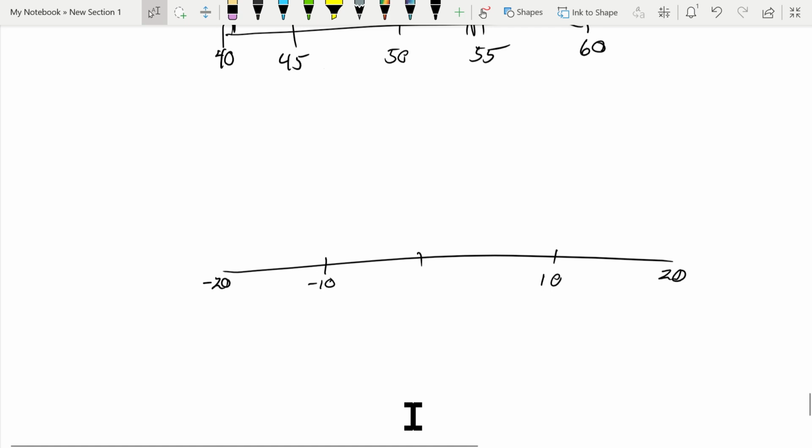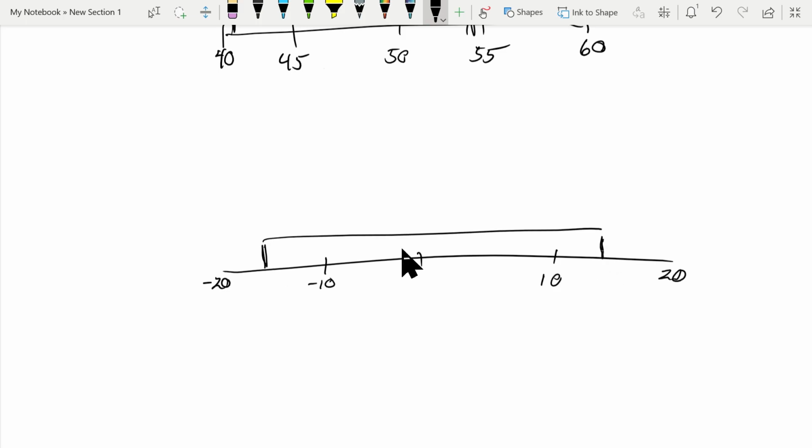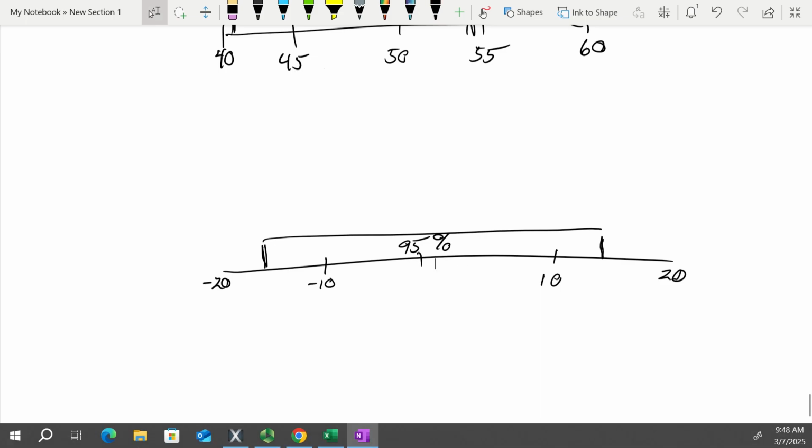First one is plus and minus 15%. Here's 15 down and 15 up. That's 95% bet. The percentages start to stack up. It's a 95% bet, and it's plus and minus 15%.